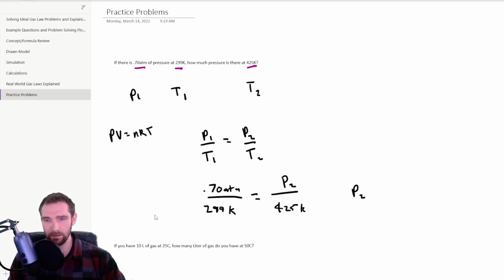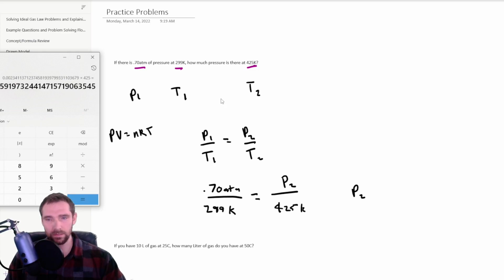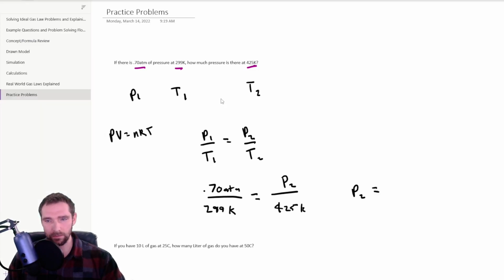You can plug that into your calculator and rearrange it. So we've got 0.70 divided by 299, and then times 425 Kelvin.